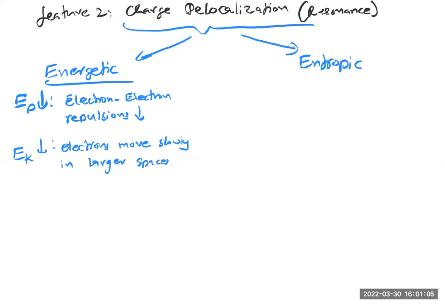Since both potential energy and the kinetic energy go down, E total goes down. Therefore, it increases the energetic stability.